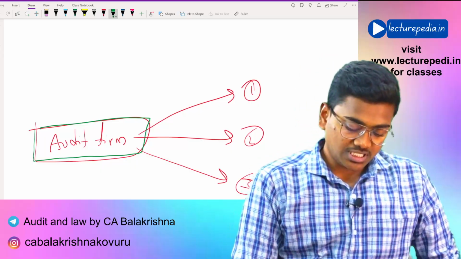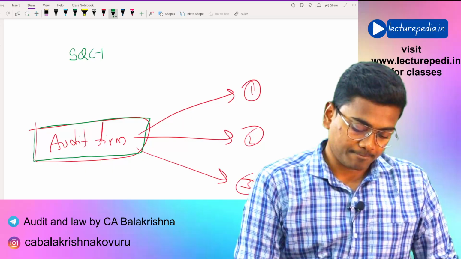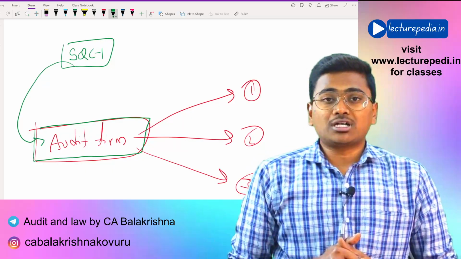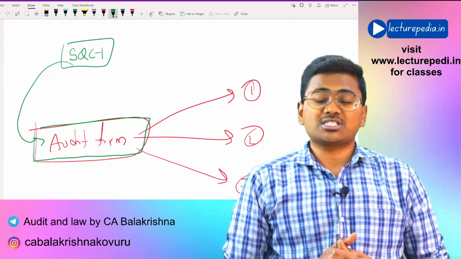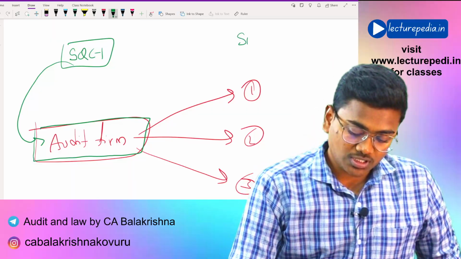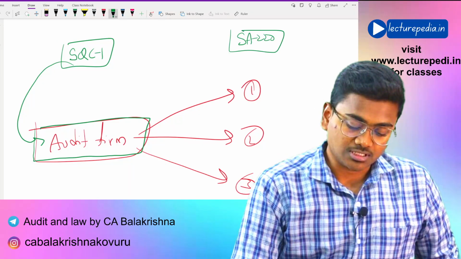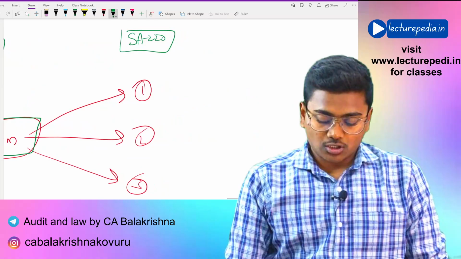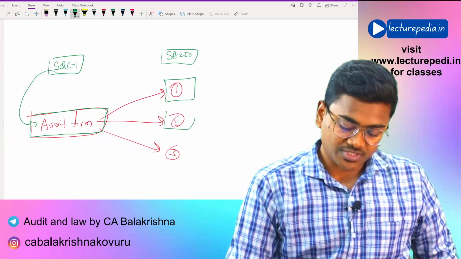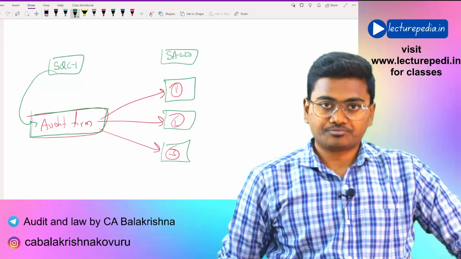This will be dealt with by SQC-1. At the firm level, what types of policies and procedures must be present with respect to quality? And SA-220 deals with quality control policies and procedures at the audit assignment level that the firm accepts.